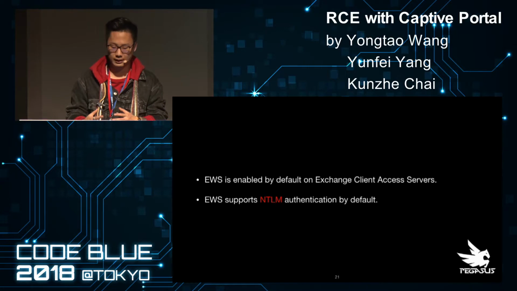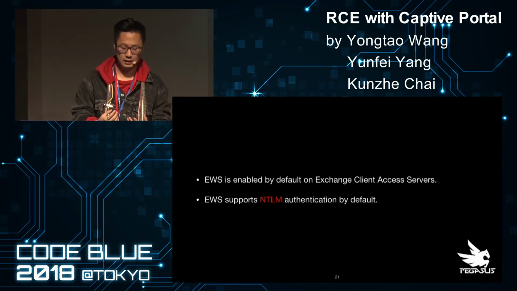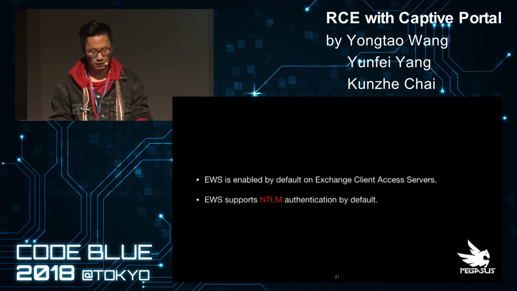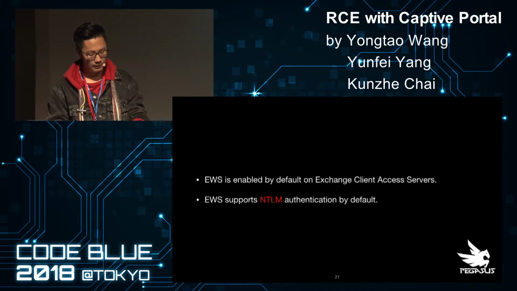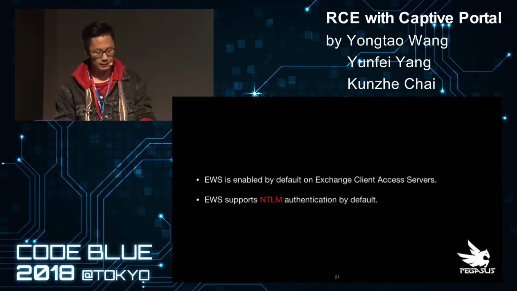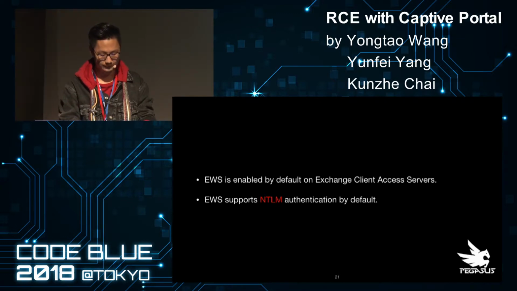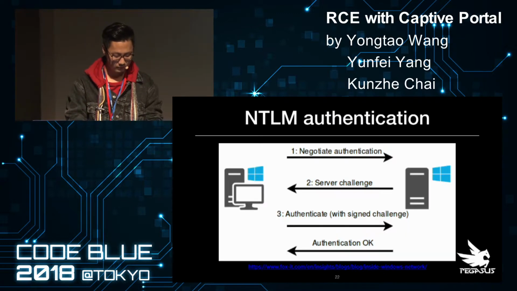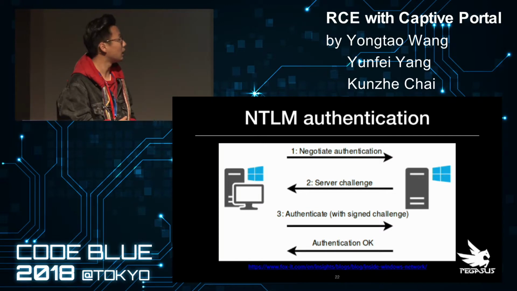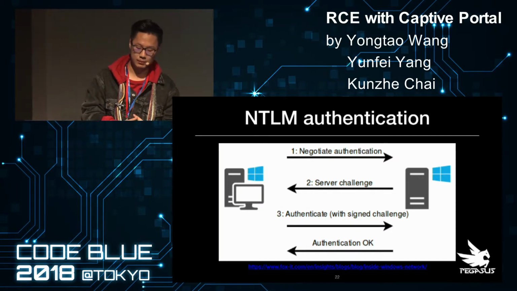The 2 things we care about: EWS is enabled by default on Exchange client access servers, and EWS supports NTLM authentication by default. This picture shows the NTLM authentication process.